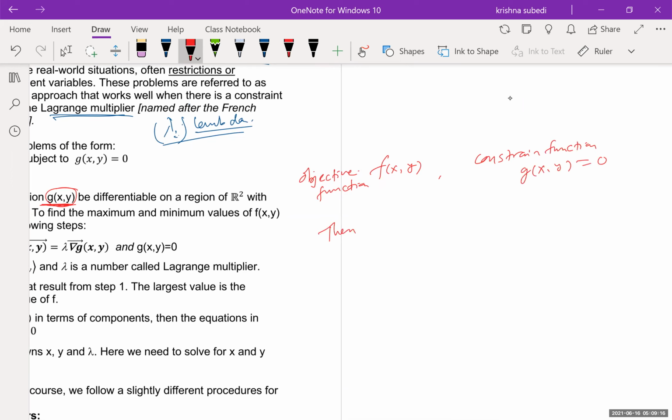Then the Lagrange multiplier method tells us that nabla f(x, y), which is a vector, a gradient vector, we read this as nabla, equals lambda times the gradient vector of g(x, y), or nabla g(x, y).